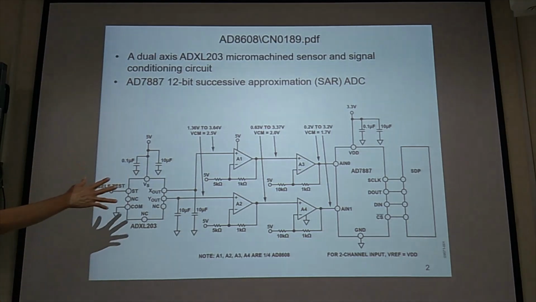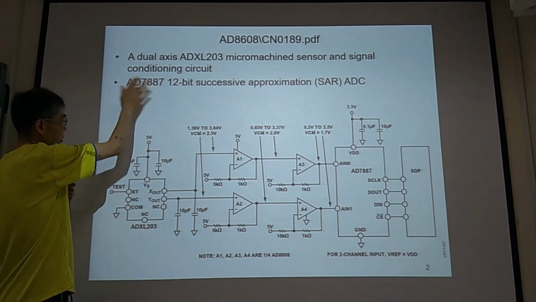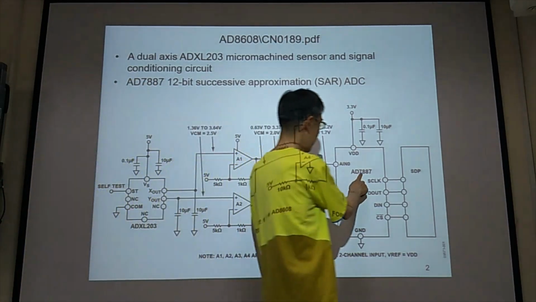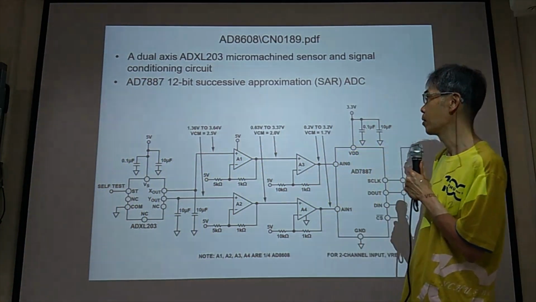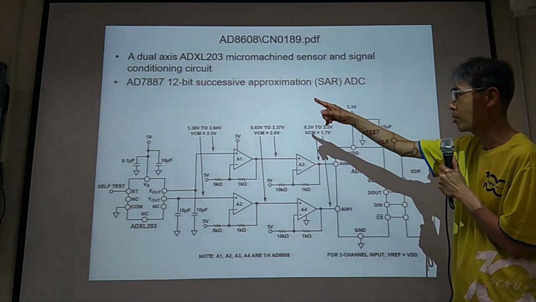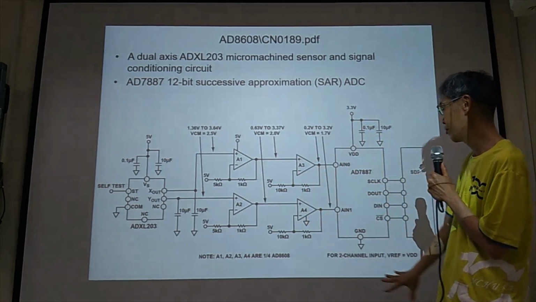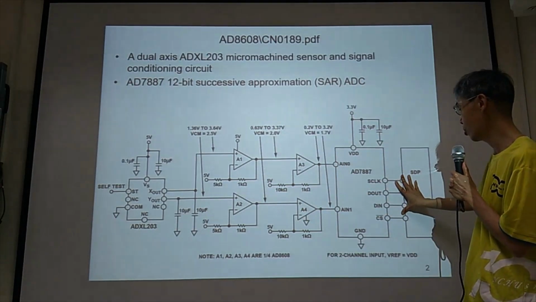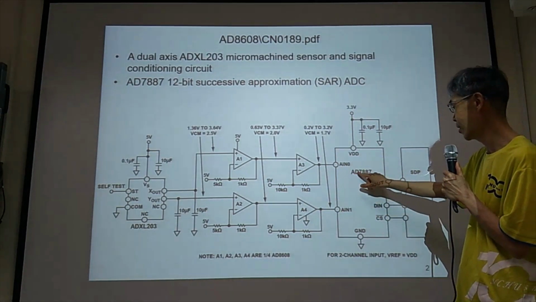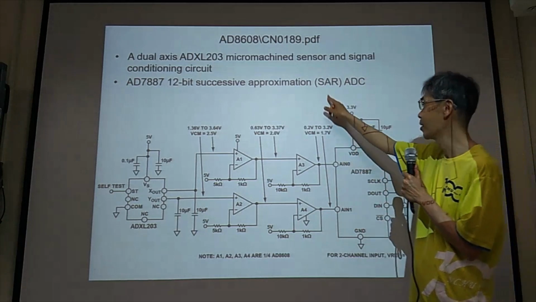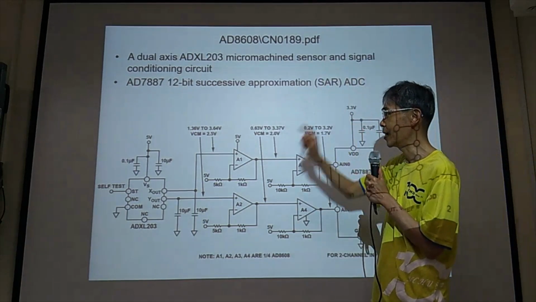But we use AD7887, it's a converter to convert analog signal to digital signal output. So AD7887 is a SAR ADC.